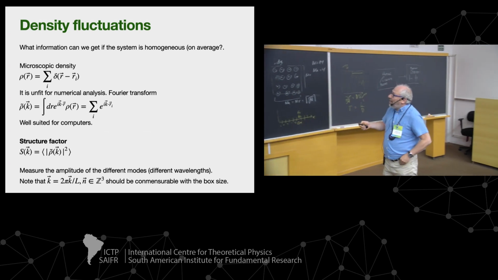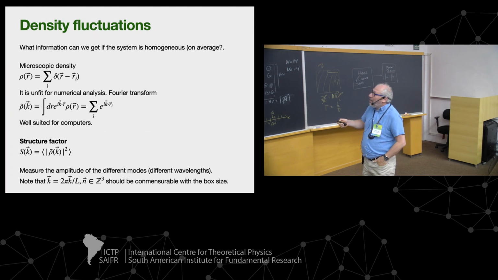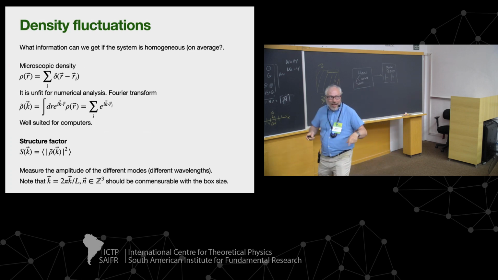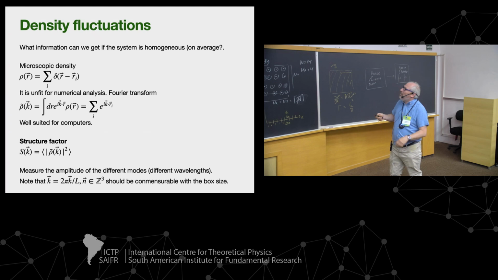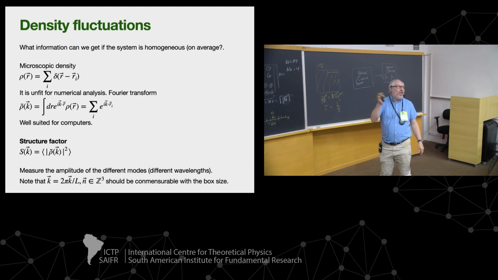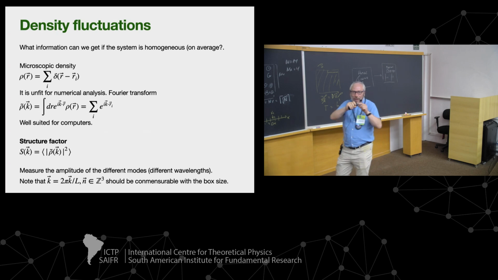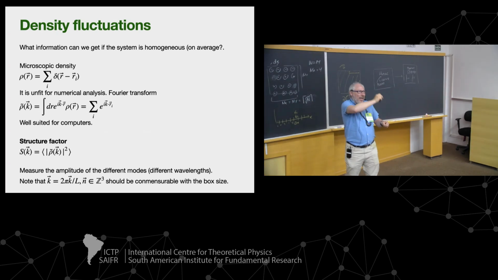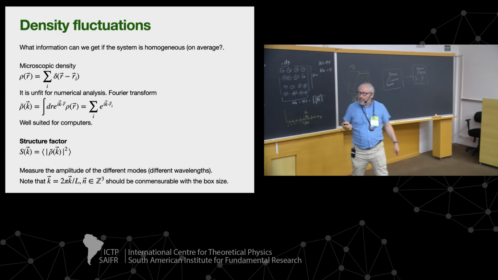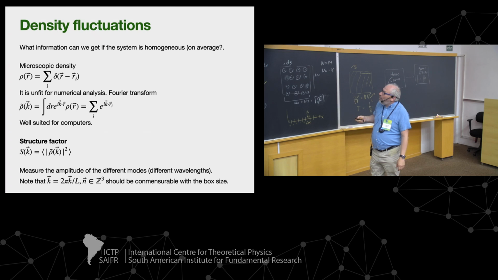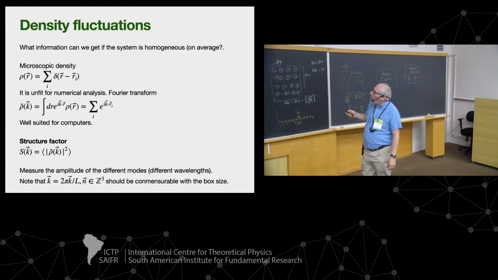An important thing is that the k cannot be anything. I have not said that, but I think I'm going to say it tomorrow because I need to prepare that. But all simulations normally you run with periodic boundary conditions. There are particles that escape on one border and enter into another border. So the wave vectors should be commensurable with the box size.